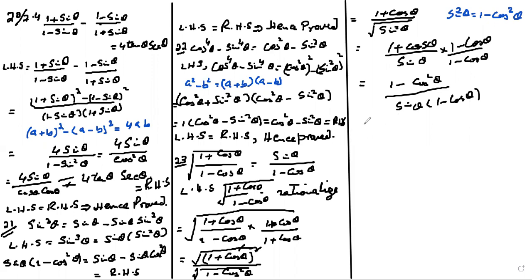Again putting this sine square theta over sine theta into (1 minus cosine theta). This gets cancelled. So we have sine theta over 1 minus cosine theta.